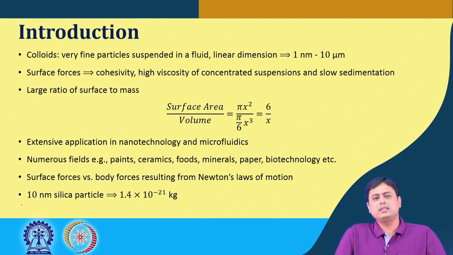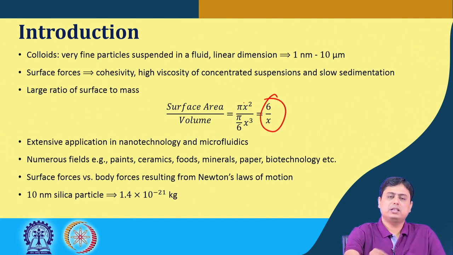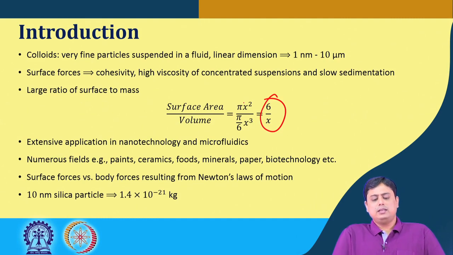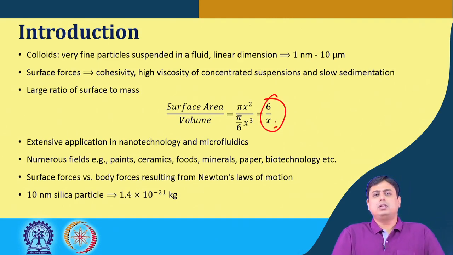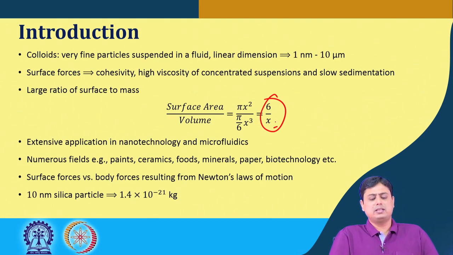For a fixed density of the particle, the material density, the surface area to volume ratio, considering a spherical particle, is 6 by x. So if the particle size x, the diameter of the particle, goes down or decreases, we can see that the surface area per unit volume increases.